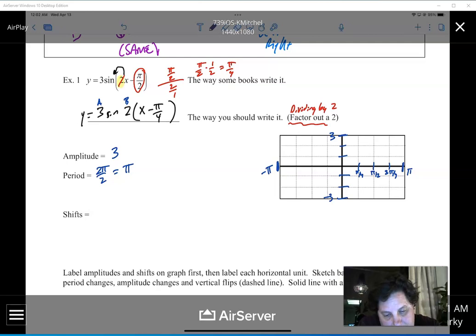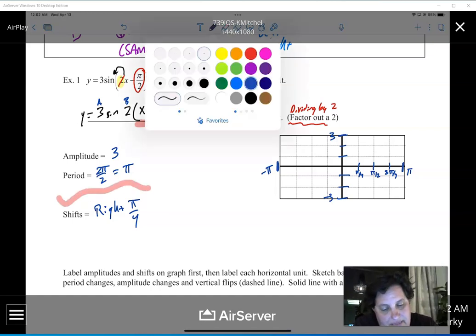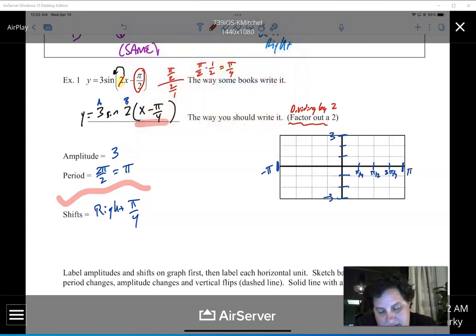That's all right. Okay, now how does this shift? Look right here. So inside is left, right, and it's opposite. So negative pi over 4 means it moves right pi over 4. And so, well, actually, okay, hold on. Before we do that, though, let's actually just draw my graph up to this point.